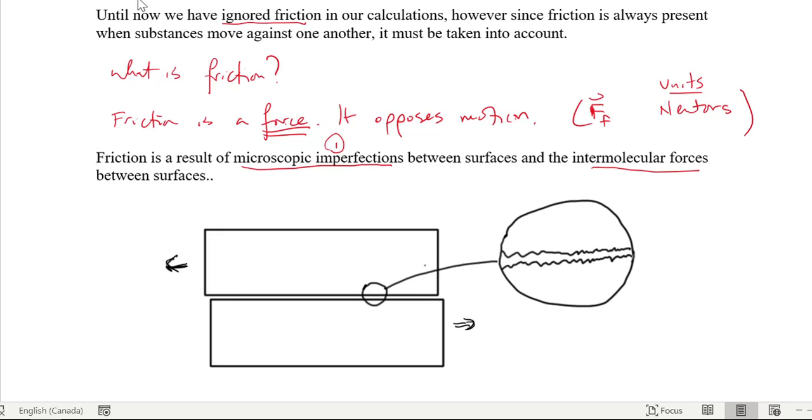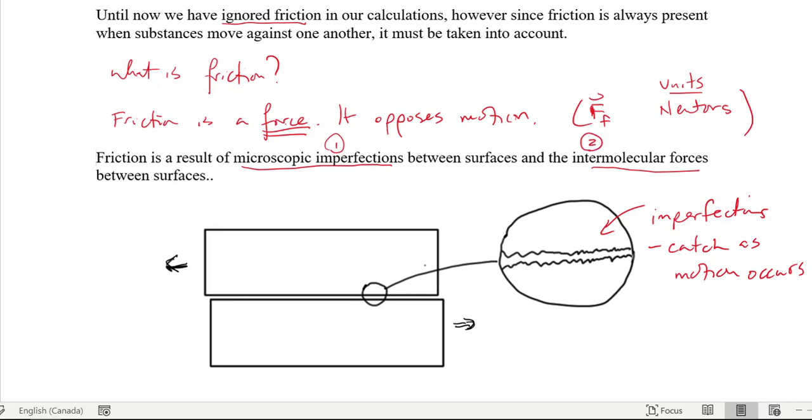If we take a closer look between the surfaces, you see the surfaces aren't exactly smooth. There are little ridges, which we call imperfections in the surface. And they catch as you're sliding, and so that slows it down.